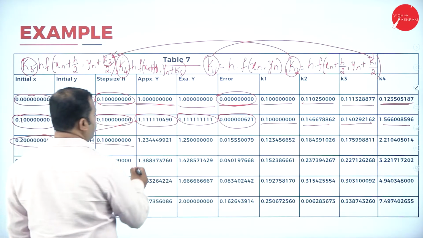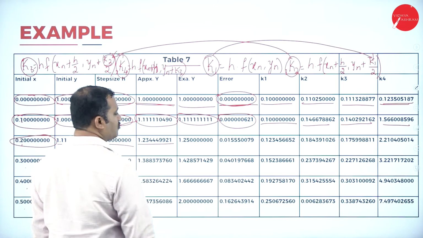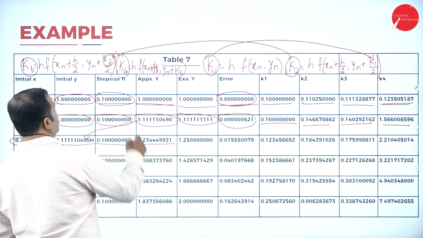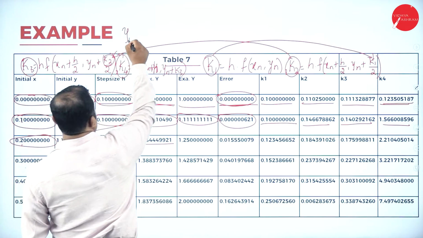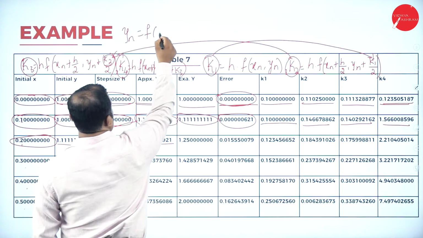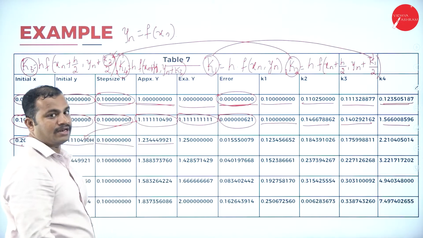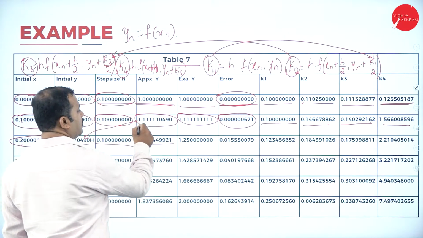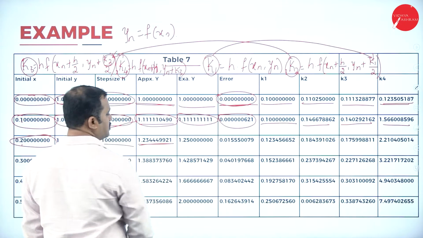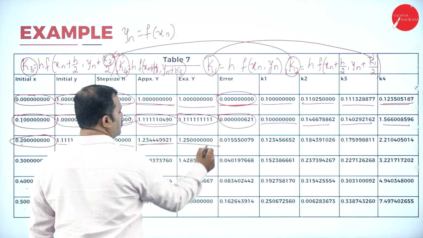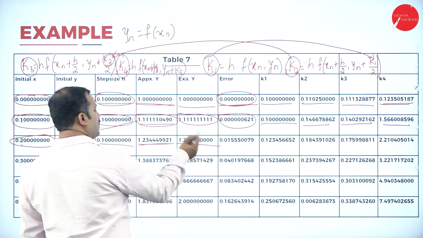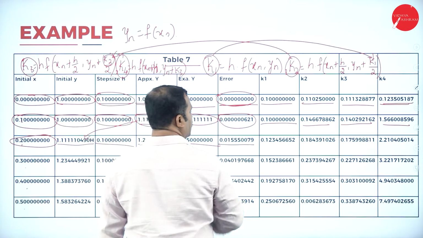Then we have the approximate y we have calculated, that is yn. What is the value of yn? y is equal to f of xn. What is the value of f of xn? That is going to determine this yn. Then we have the exact y here. Exact y minus this leads to the error rate.